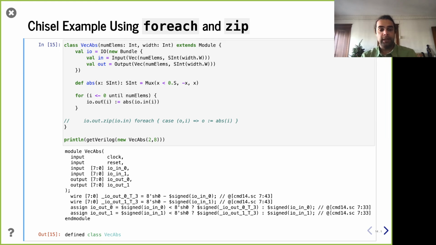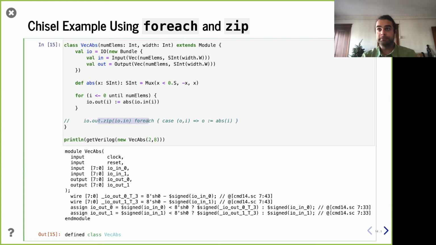Here, we are structuring it as an iteration on the range of numElements. So it's us trusting that numElements happens to match up with the size of the input Vec and the output Vec. And then we're indexing each one, explicitly on each line, indexing to each thing, and then making this connection as the side effect of this for loop. So this for loop's purpose is to have a side effect.